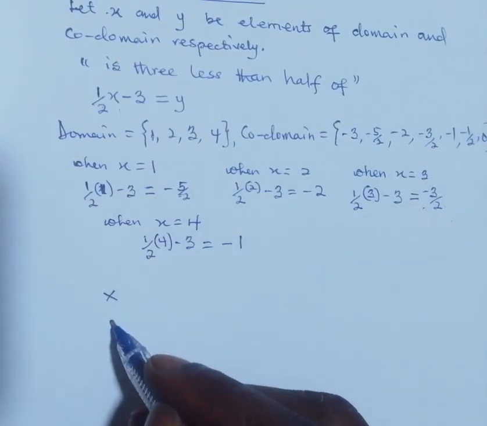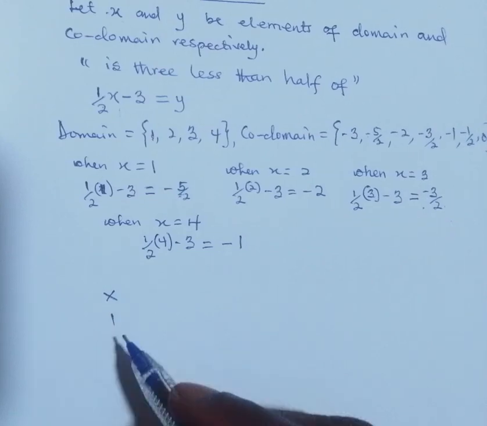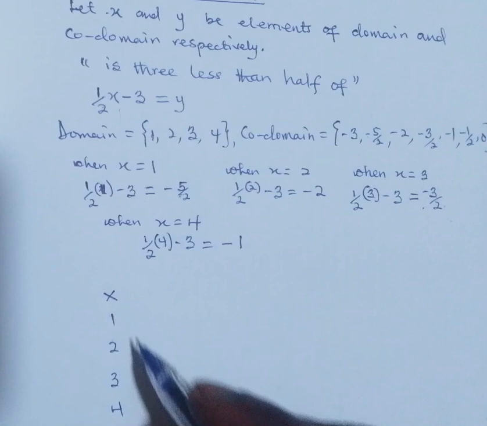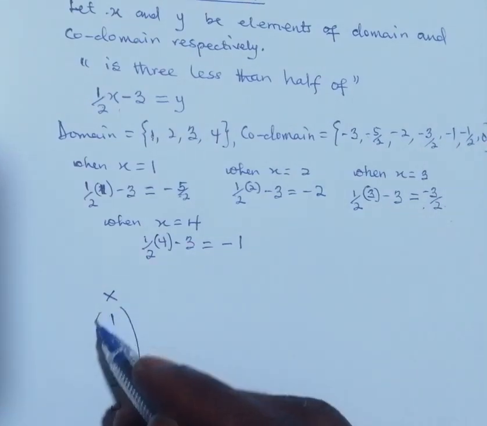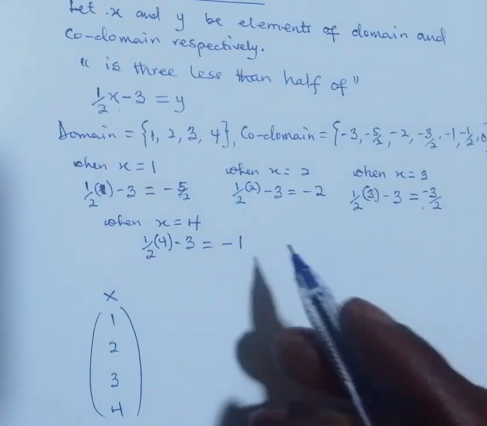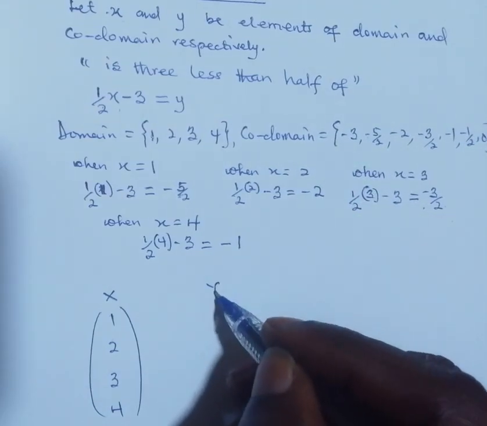Then write my domain, which is 1, 2, 3, and 4. So these are my domain. Then let me draw my codomain.